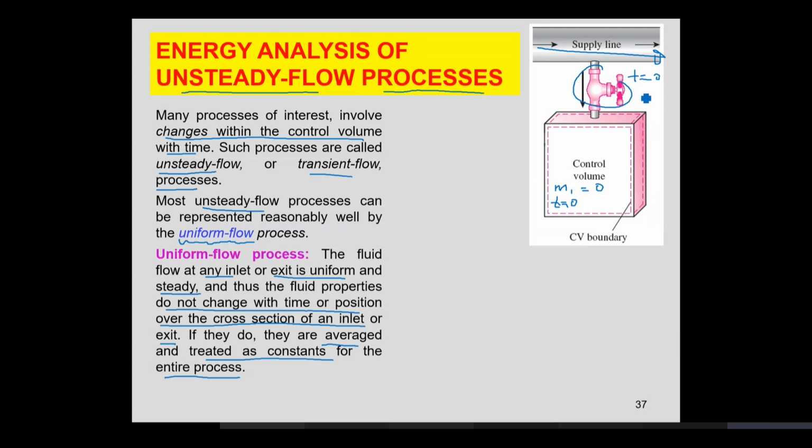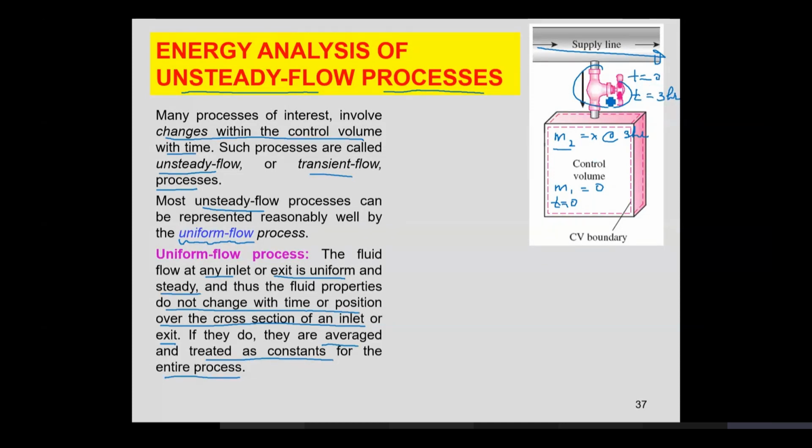As I open the valve, let's say for 3 hours, so t equals 3 hours, after 3 hours the mass within the control volume, M2, would have some value, let's say x. So the mass at some other time has changed within the control volume. It is not 0 now. However, this control volume is not under steady state conditions for the time from 0 to 3 hours.